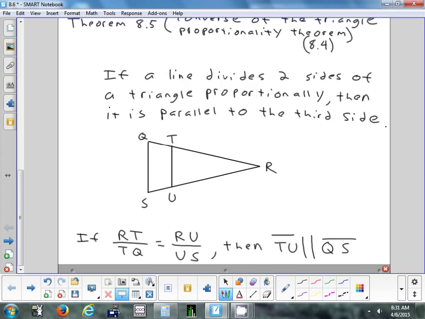If the description helps you, then feel free to copy that down. That's on page 498. Right, and that's half the theorems we're going to do today. Any questions on those two?